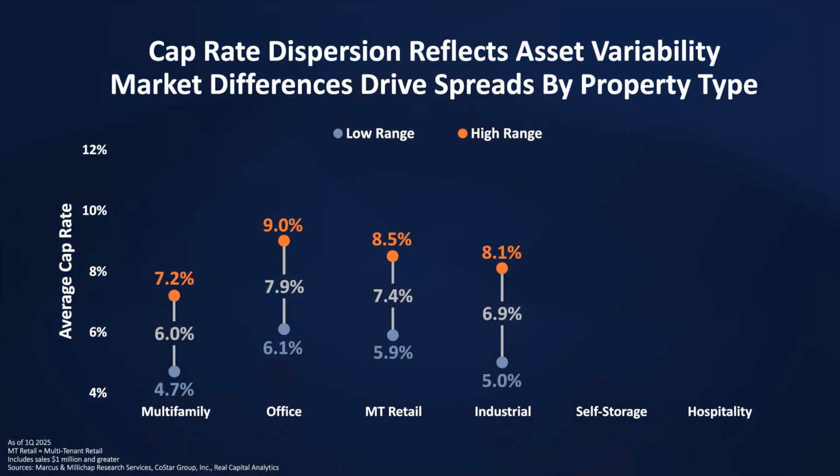That reflects the wide variance in industrial property vintages and quality and market demand levels. It's one thing to be proximate to the ports in LA, and it's a whole different world for a small, older infill warehouse that's far from major supply chain hubs. The average self-storage cap rate is 6.5%, ranging from 5% to 7.5%.